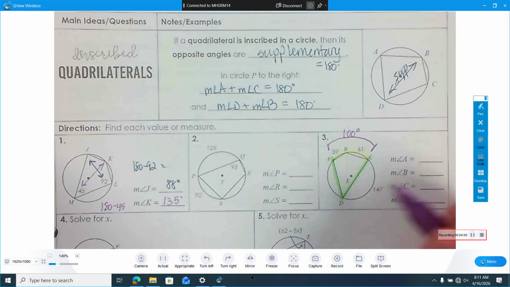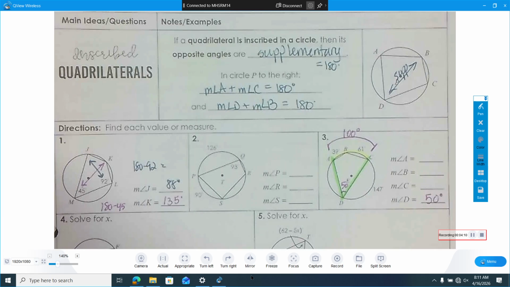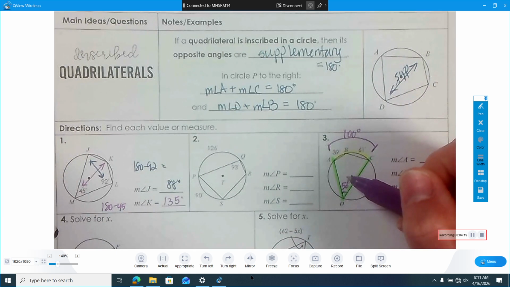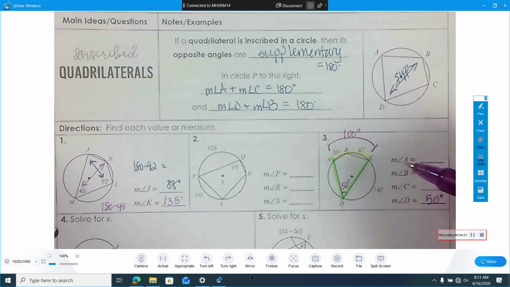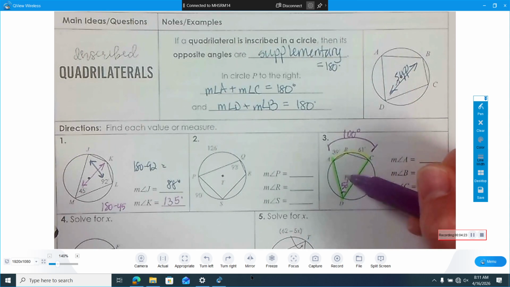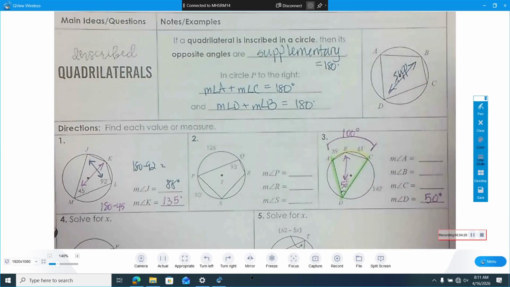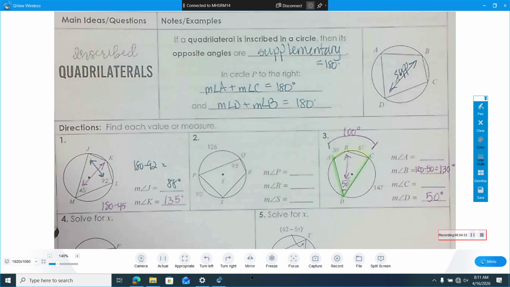Yeah, it's 100, which means angle D would be 50. So angle D is 50 degrees. That can help me get more. If I know 50, what can I get with 50? Again, these are supplementary. So that's going to give me angle B, which is 180 minus 50, which is 130 degrees.